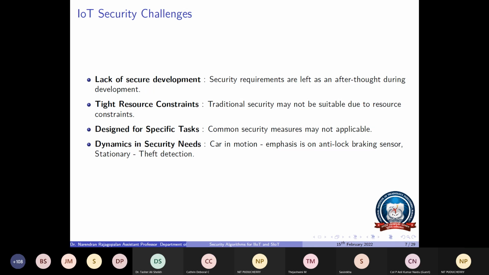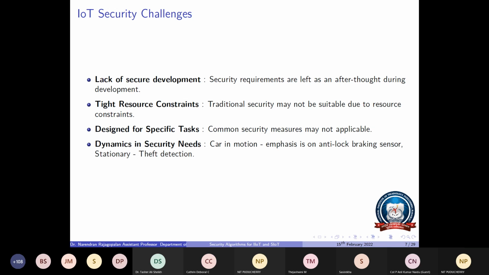When we make that specific application, we are supposed to study the environment in order to give even physical security to the IoT system, and we should also look at other possible security flaws which are specific to the domain. So these cannot be a very generic solution. One common security solution cannot be applied to all possible specific applications.